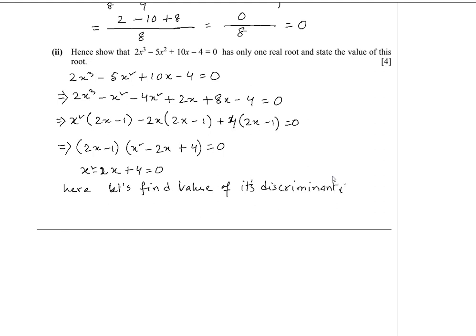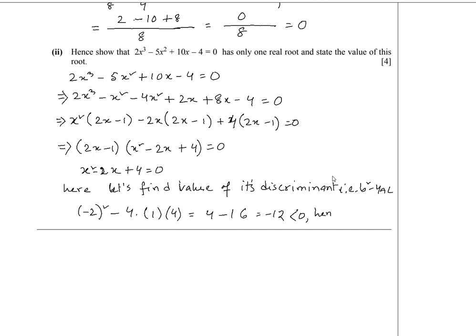If b squared minus 4ac is less than 0, we can say that it has no real roots. So here we can write minus 2 whole squared minus 4 times 1 times 4, which is 4 minus 16, which equals minus 12.